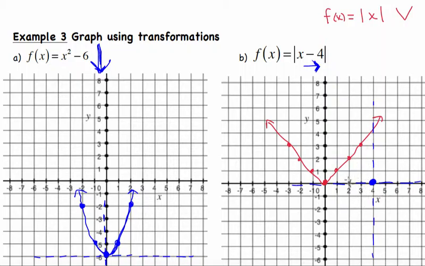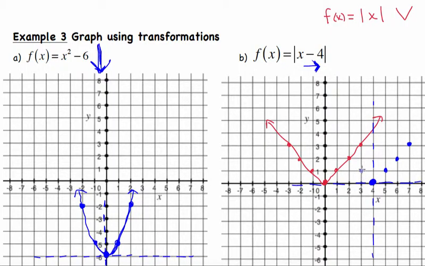All right, so there's my new origin, and I'm pretending that that is 0, 0, and I am going to graph the absolute value of x just as we graphed it in red. And I'm going to go from my new origin over 1, up 1, over 2, up 2, over 3, up 3, just ignoring all the numbers that are there, pretending they're not even there, and graphing it as though this was the origin.